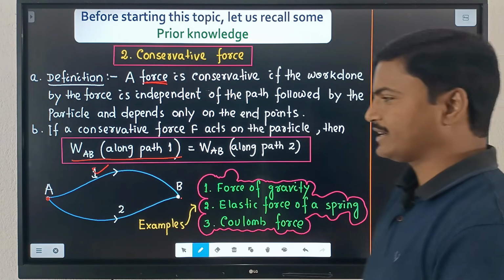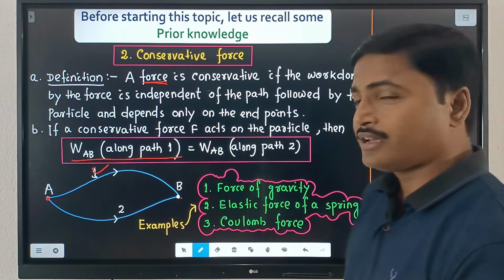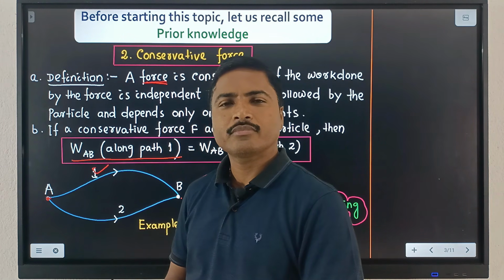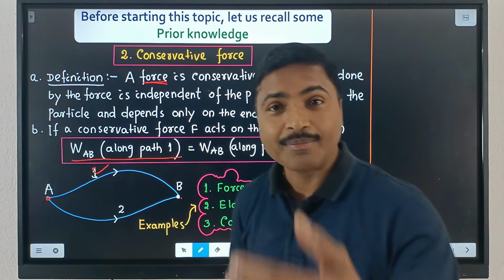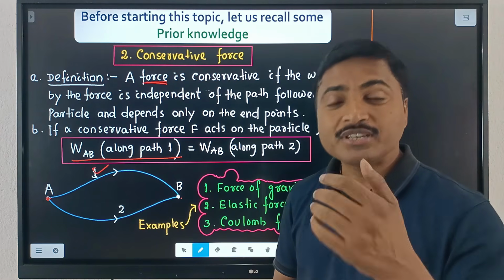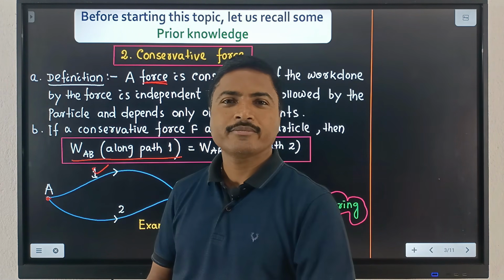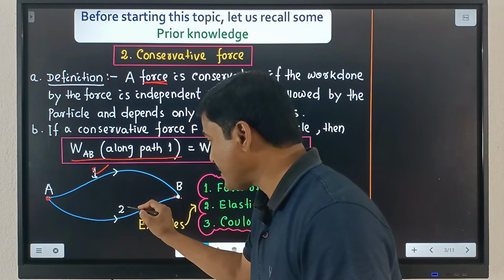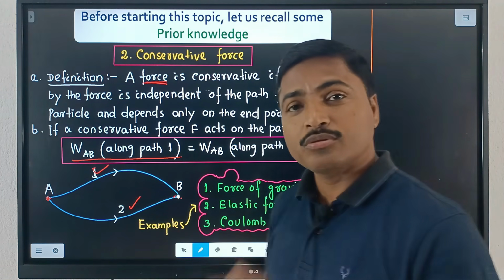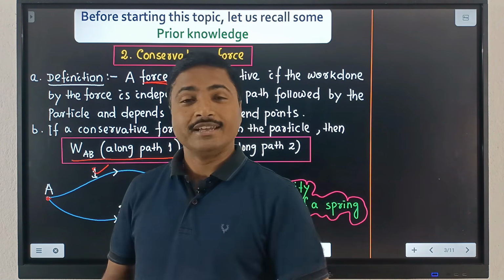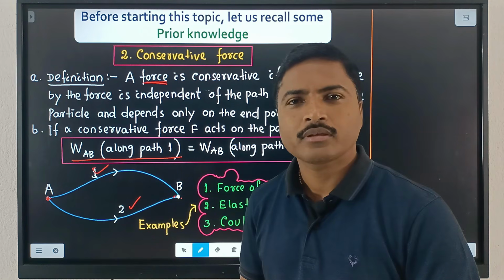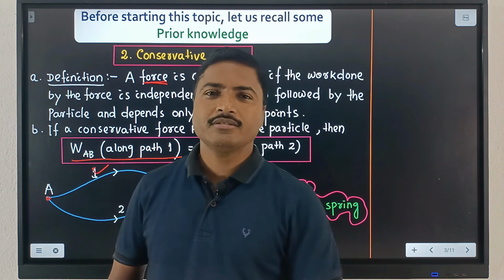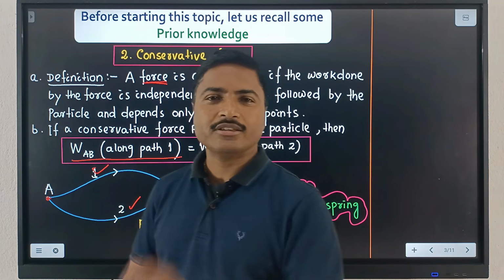Similarly, in the second case, the same body is situated at point A. Sufficient force is applied on the body. Then the body starts to move from A to B along path 2, not path 1. Then also displacement is there and external force is there, so work is done by the external force.